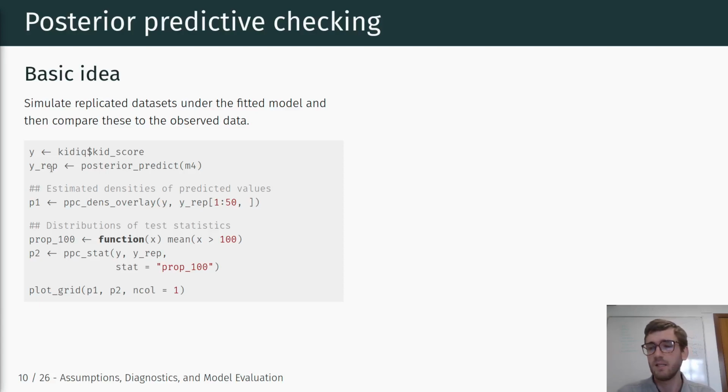Okay. The first thing we can do is we can look at the estimated densities of the predicted values based on our fitted model and compare that with the actual distribution of the outcome variable. And the way we can do this here is use the PPC, which stands for Posterior Predictive Check, density overlay.